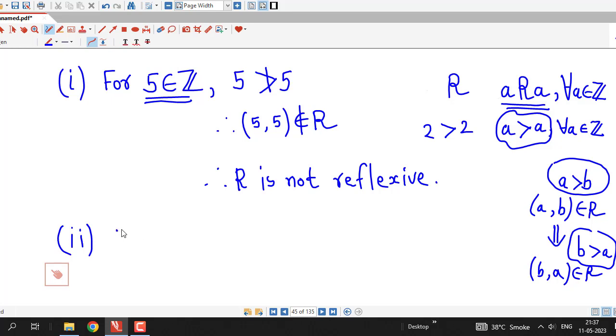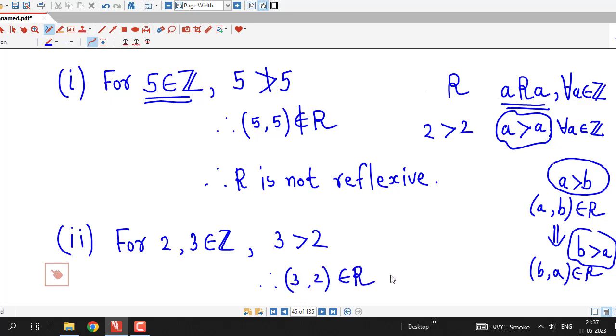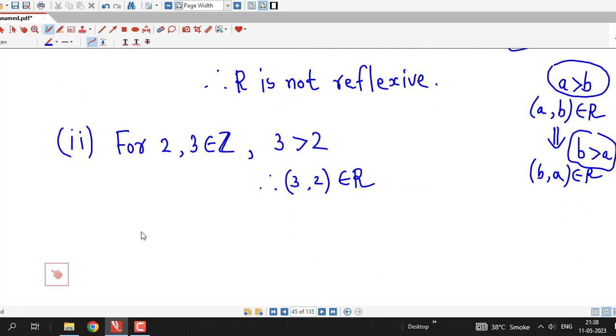So here also we can write for a particular element. Suppose we consider 2 and 3 belongs to Z. Then we know that 3 is greater than 2. This means (3, 2) is present in our relation, but 2 is not greater than 3.